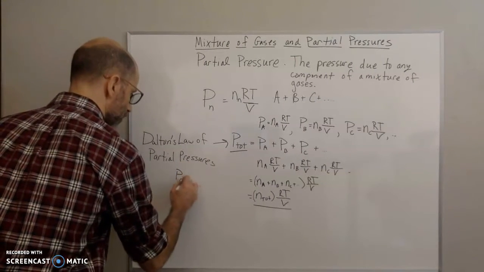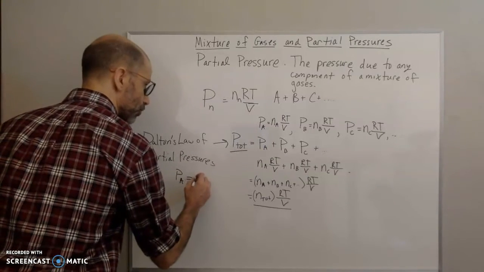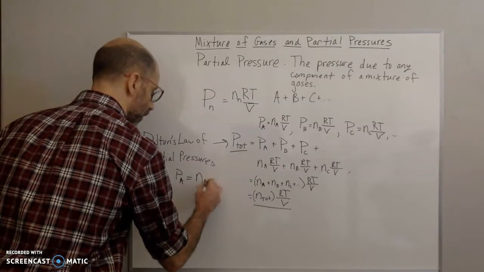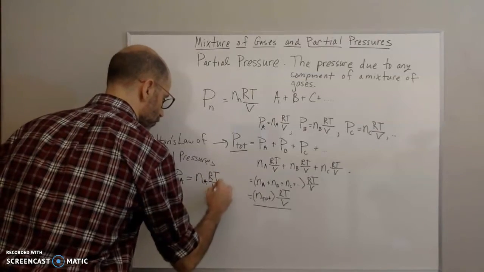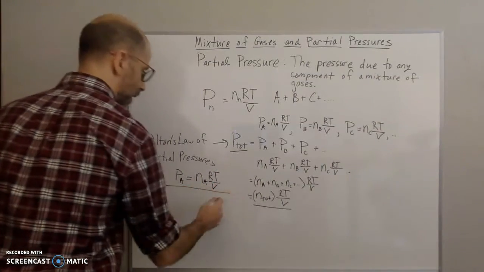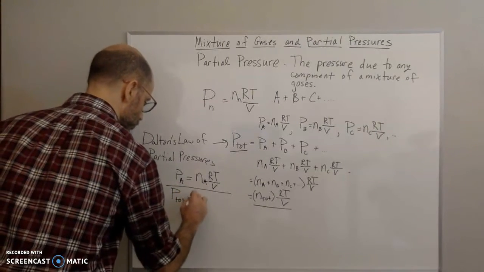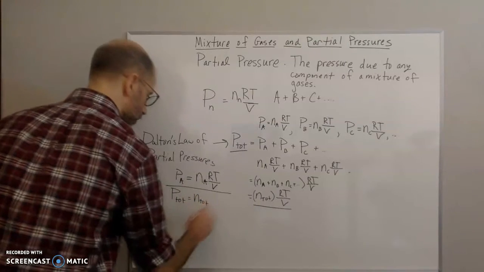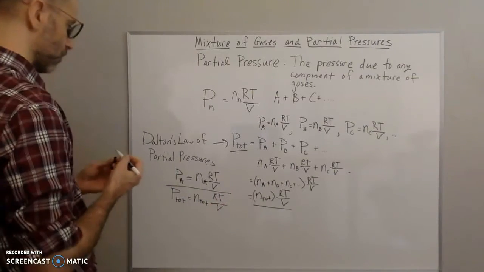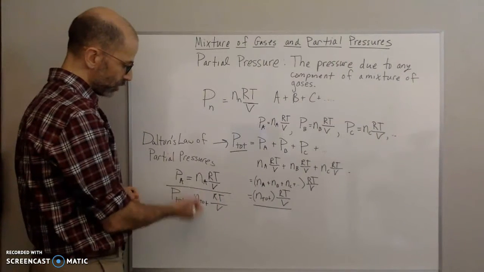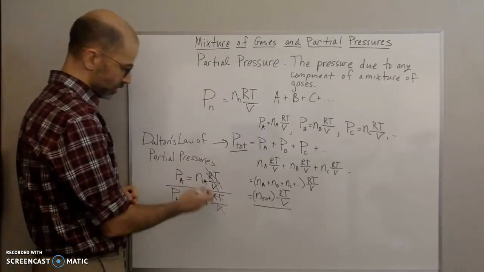So if I take the pressure of A, let's take A. The partial pressure of A is equal to the moles of A times RT over V. And let's say I divide that by the total. So total pressure is equal to the total moles, also multiplied by RT over V. So if we divide those equations, then the RT over V is going to cancel out.